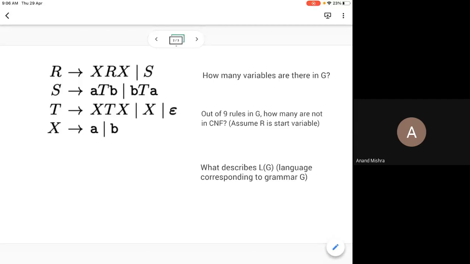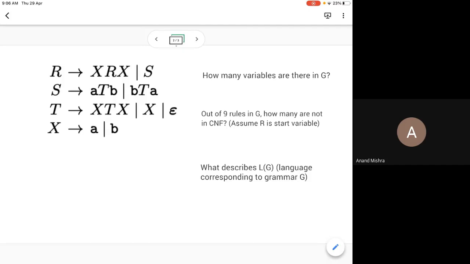When you say variable, the variables are usually denoted in capital letters. So X, T, S, all these are variables, but the terminals are small a and small b.